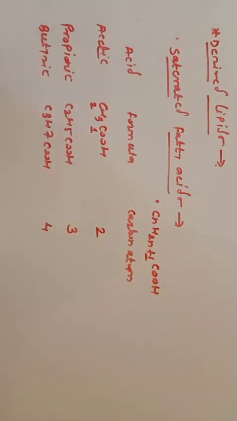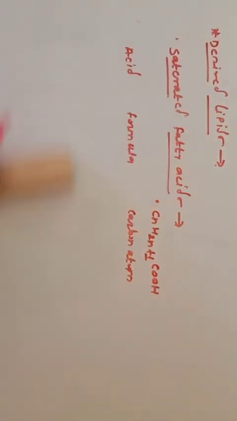And then the next one is caproic. So first acetic acid, second propionic, third butyric, fourth caproic. That is your C5H11COOH. The carbon atom is 6. Total 6 carbon atom, like that. So again, if you consider, the next one, let us discuss. The next one is caprylic.